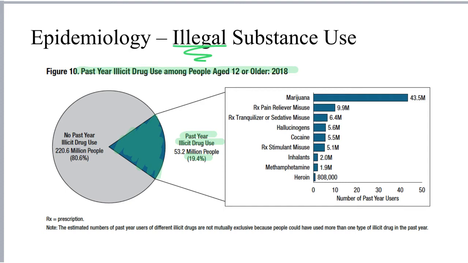So when we look just at illegal substances, the majority of individuals surveyed are not using these. Of those that are, the most common are marijuana, prescription pain relievers, prescription tranquilizers or sedatives, hallucinogens, cocaine, and prescription stimulants, including ADHD medications.